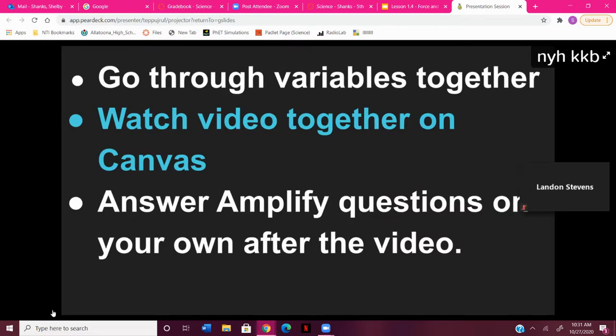I'm going to share my screen here in a second, and we are going to go through some variables together: our independent variable, our dependent variable, and our control. After that, we're going to watch a video that Mr. Livinggood has put together. He has done the hands-on activity for us if we do not feel like doing the actual activity. Then we're going to answer the Amplify questions on our own after the video.